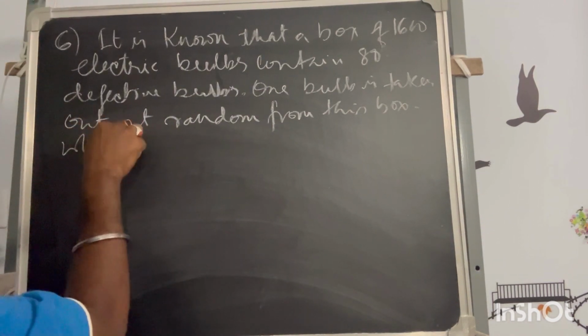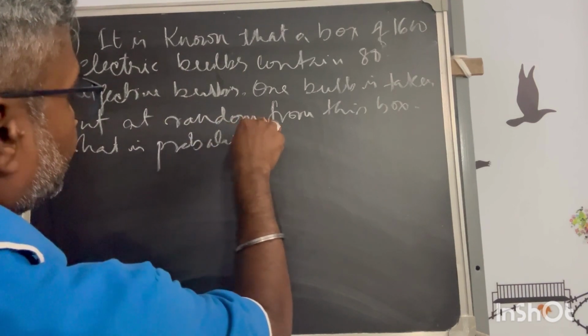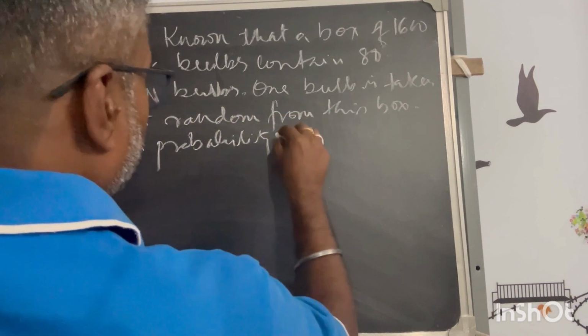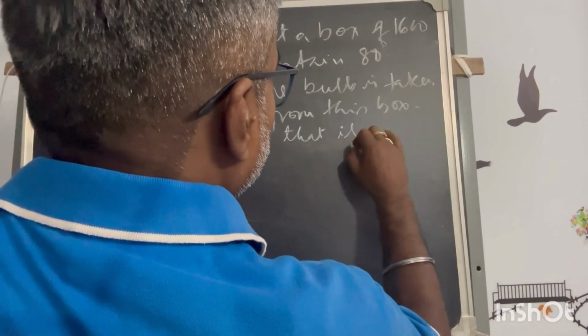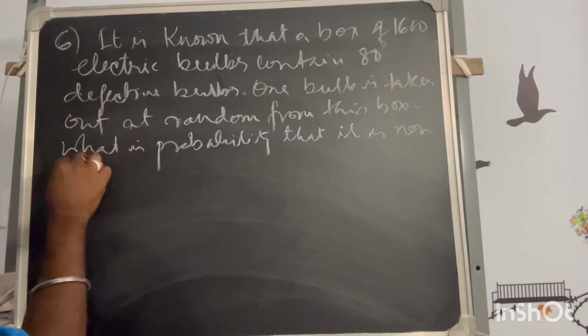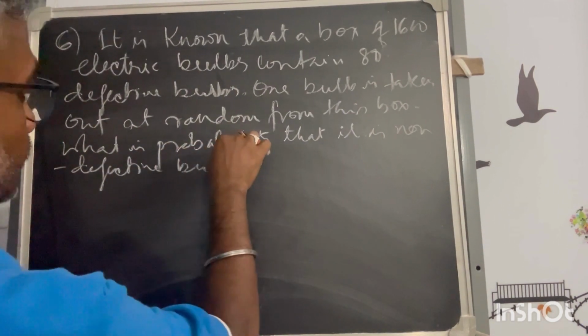Now you have to find the probability that it is a non-defective bulb.